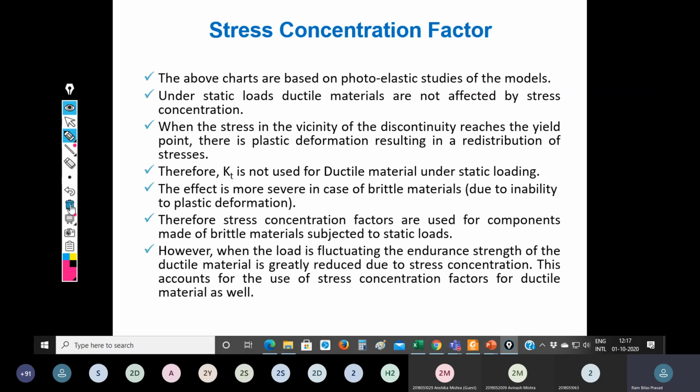For brittle material, irrespective of these things, it will be subjected to stress concentration factor, whether the load is static or fluctuating. For ductile material, static load, there is no stress concentration factor. For ductile material, fluctuating load, you have to consider the stress concentration factor, right?